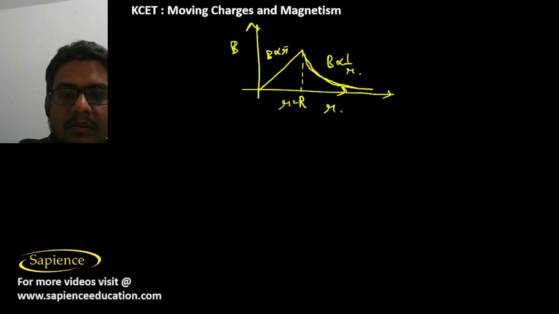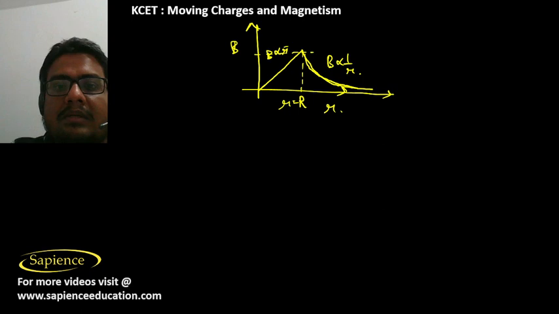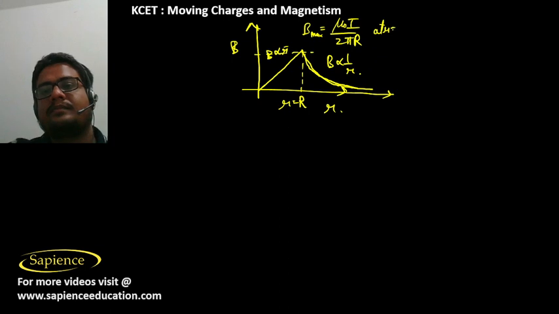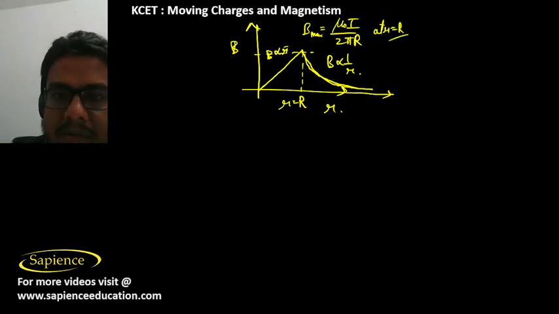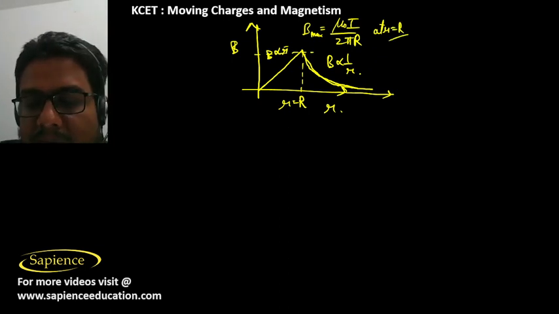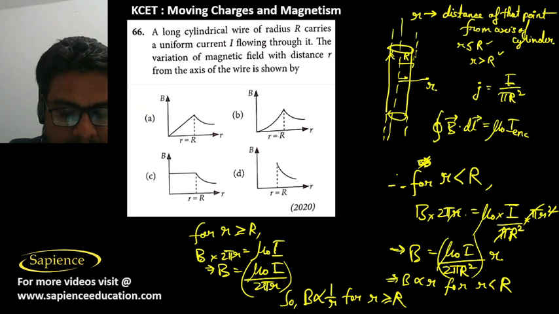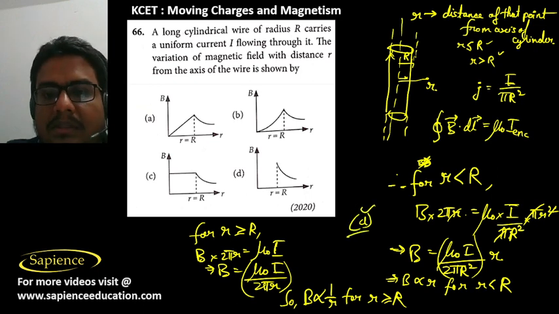This is r equal to R. And this part has the maximum magnetic field at r equal to R, which is B maximum, equal to mu naught I by 2 pi R, which happens on the surface. So if the point is on the surface of the cylinder, the correct graph is option A. Option A is the correct answer.